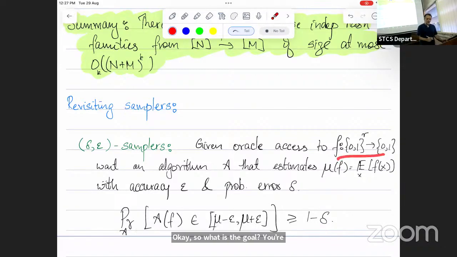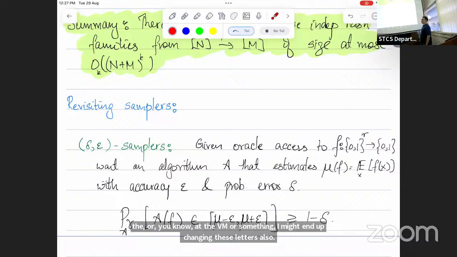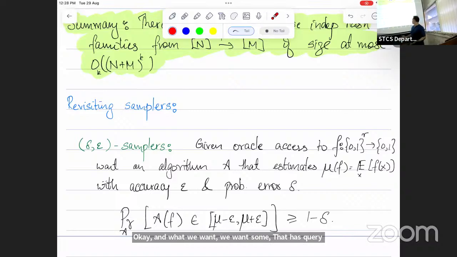So what is the goal? You're going to be given some oracle access to a function f. I'm going to think of it as going from {0,1}^r to {0,1}^m or something. We want some algorithm that has query access to this function f, and the goal of this algorithm is to estimate the expectation of f, where you just pick an x at random and ask what is the probability that f of x is equal to 1.